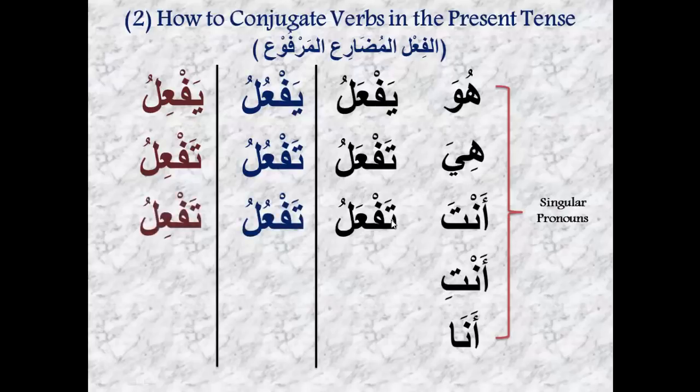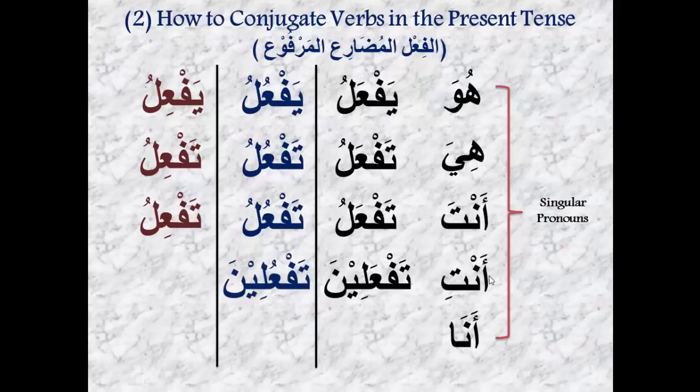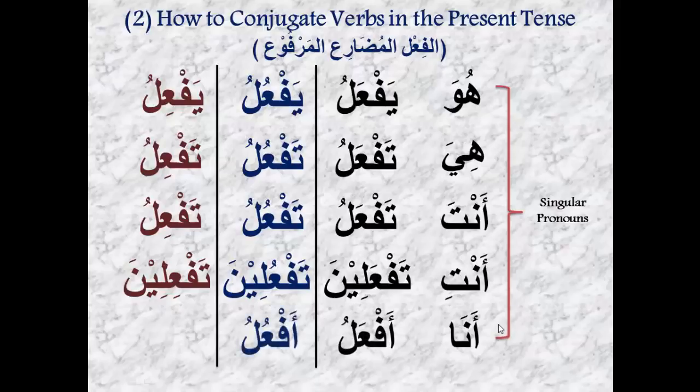And then we have anti, which means you, singular, feminine, a little more complicated. Taf'alina, or taf'ulina, or taf'ilina. Notice how we have the ta, but then we've added an ina, which gives us a very long conjugation for anti. Finally, we have ana, which means I. Ana af'alu, ana af'ulu, or ana af'ilu, for all 3 different middle vowels.